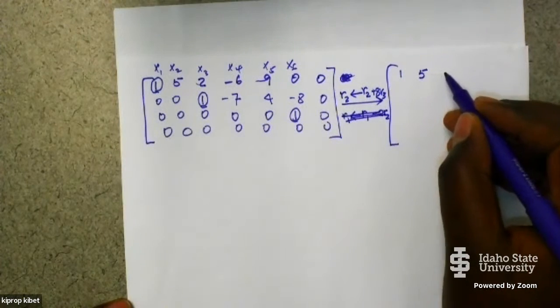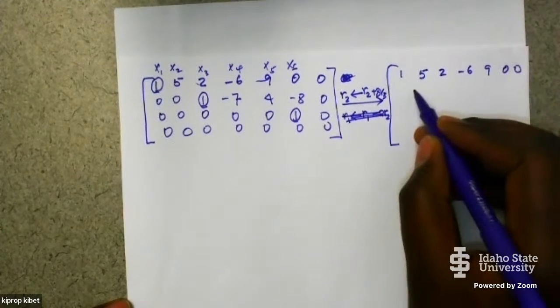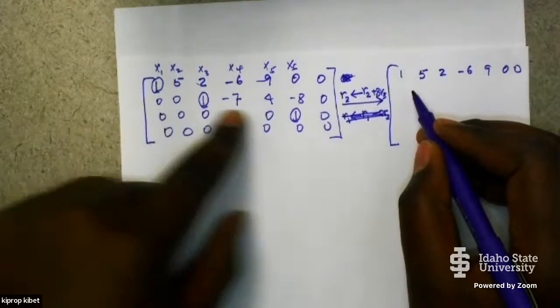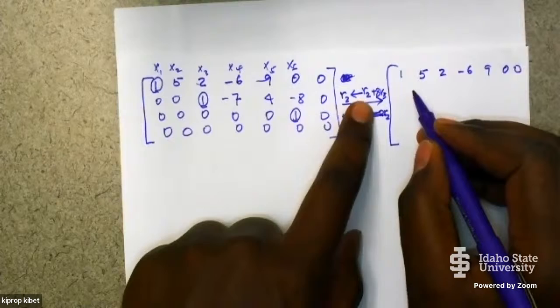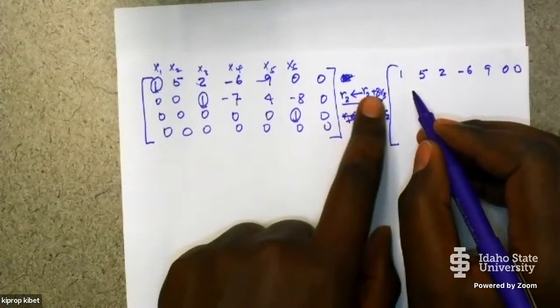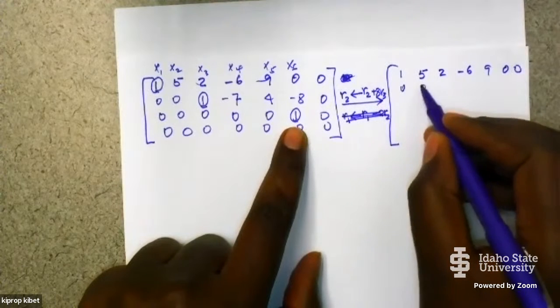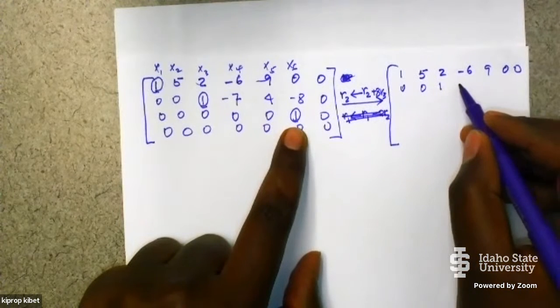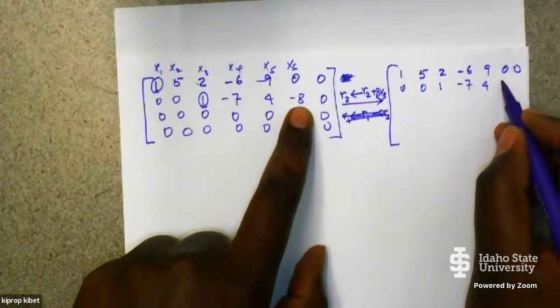So the row is 1, 5, 2, negative 6, 9, 0, and 0. Once we make this one 0, that means it's R2 plus 8 R3. So this will be 0, 0, 1, negative 7, 4, and then the last one here will be 0.